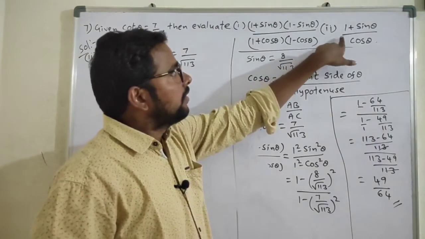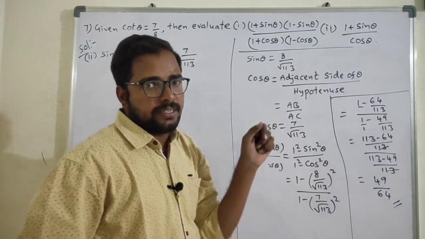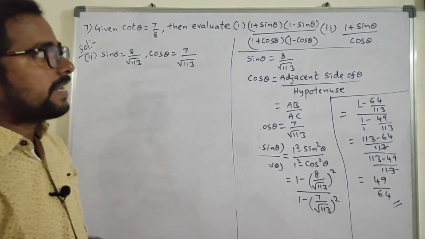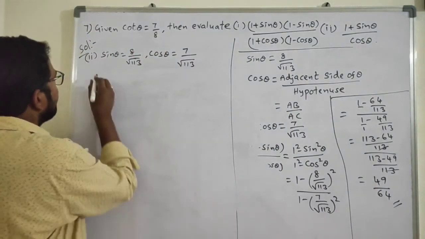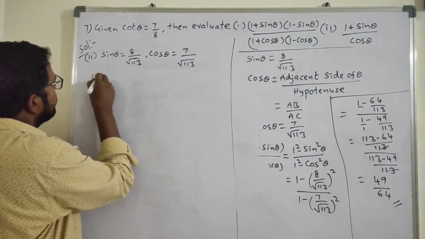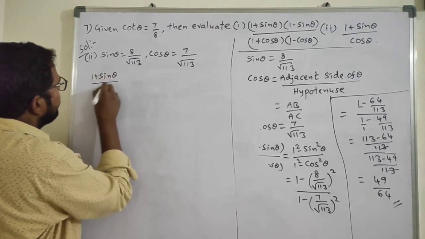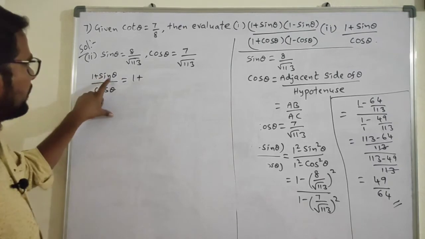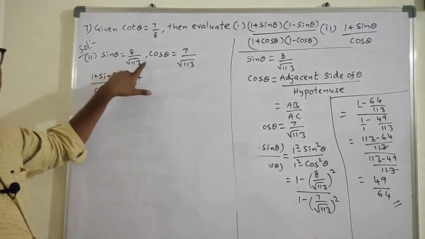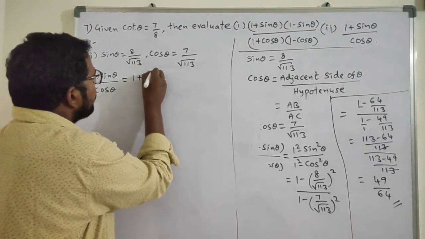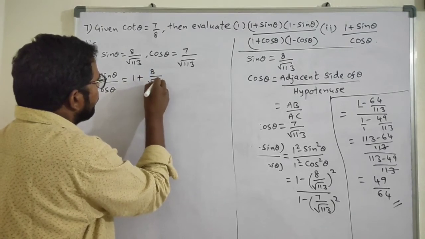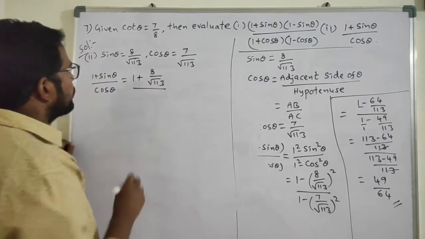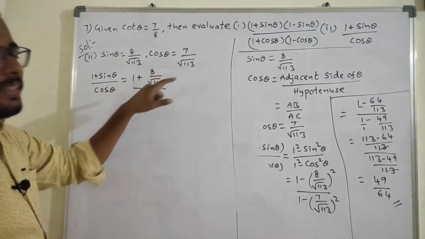Now this second one, 1 plus sin theta by cos theta. We have to find the value of 1 plus sin theta by cos theta. So 1 plus sin theta by cos theta is equal to 1 plus, what is the sin theta value? Sin theta is equal to 8 by root 113, by cos theta value 7 by root 113.